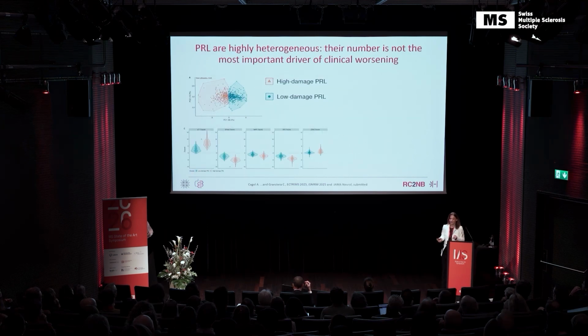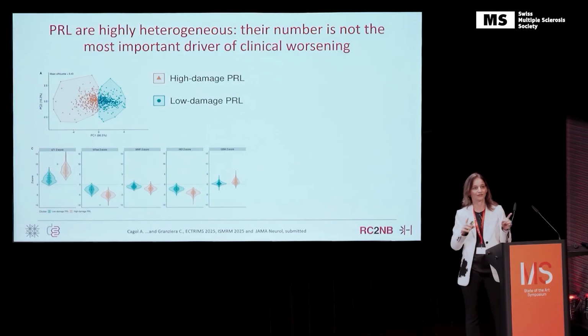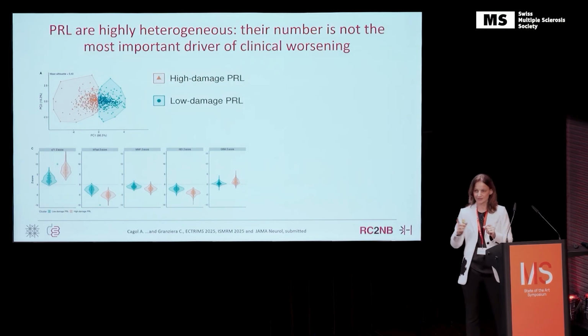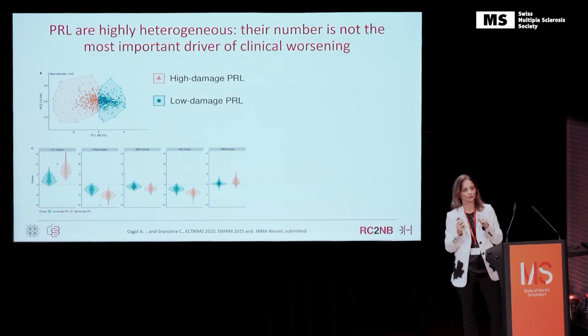And it's interesting, and then we came back. These are new data, not published data. We presented them at 2 different conferences, at ACTRIMS and ICE-REM. It's a work of Alessandro Cagol, who should be in the audience. What we realized, and that's perhaps connected to these broad rim lesions, is that these PRLs, also the ones that you can see, which are a subgroup of the total chronic active lesions, are not all the same.